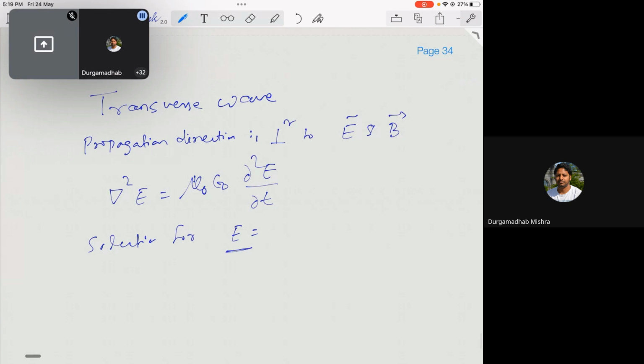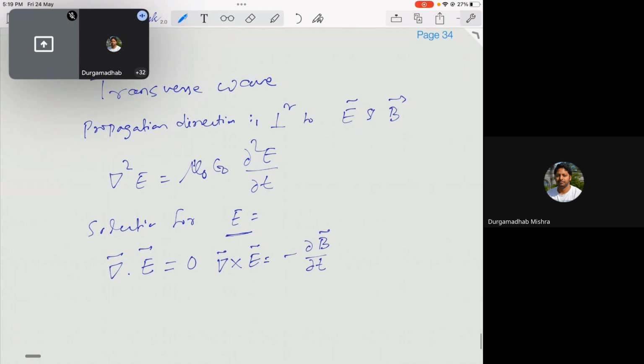To say whether this is an electric field or not, you have to see whether del dot E is equal to 0 and curl of E is equal to minus del B by del T. It depends on the situation. In this case I'm saying del dot E equals 0 because we're talking about the vacuum. But they have to satisfy Maxwell's equation.